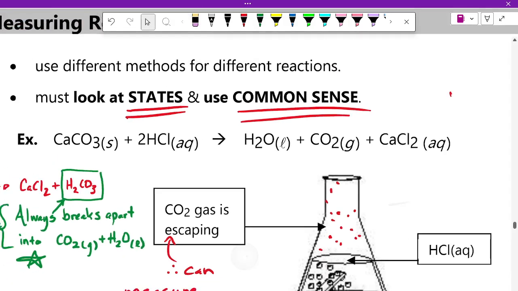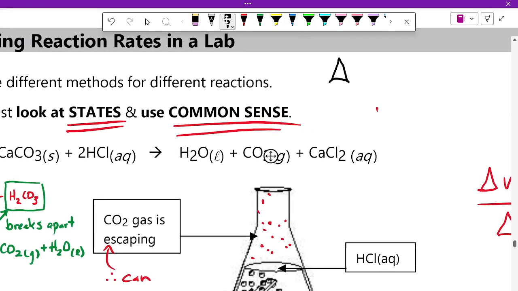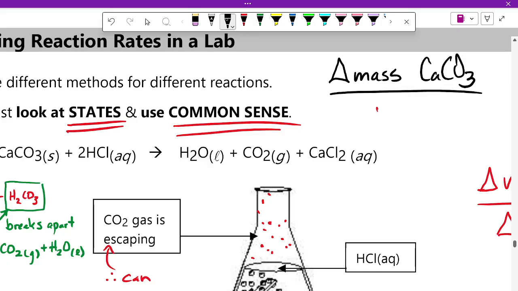So you could do a change in the mass of CaCO3 over a change in time.